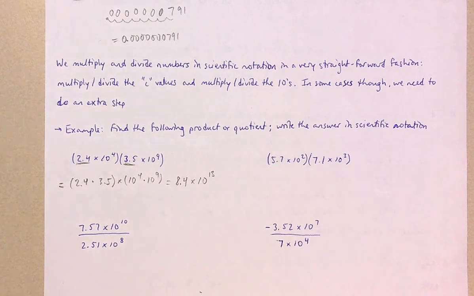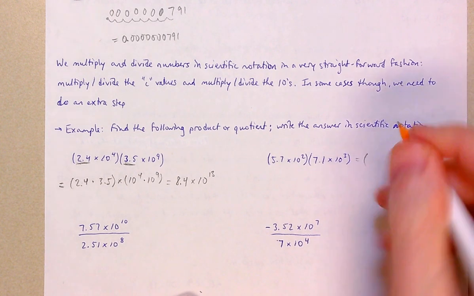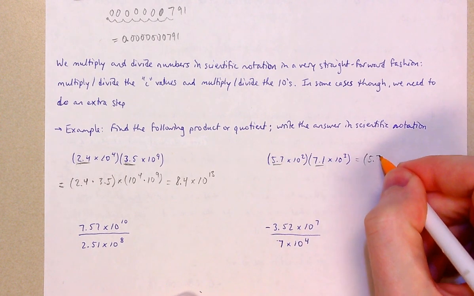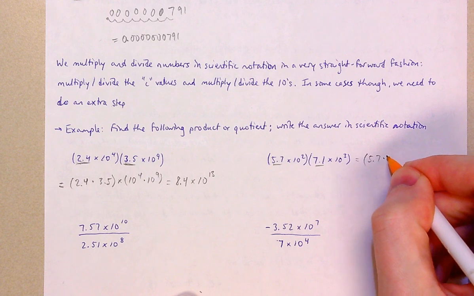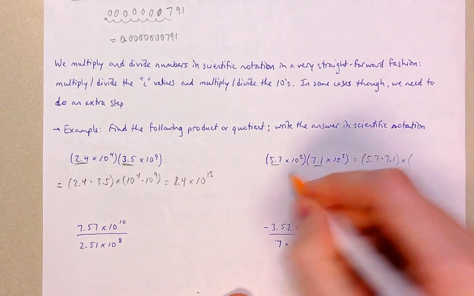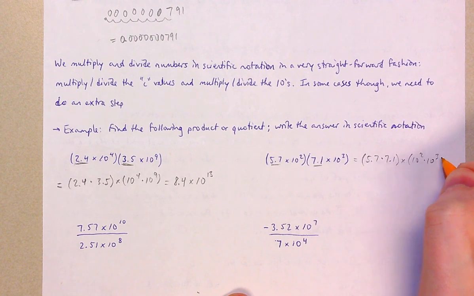Next one, 5.7 times 10 to the 2nd times 7.1 times 10 to the 3rd. So once again, multiplying those C values, 5.7 times 7.1 times, and then 10 to the 2nd times 10 to the 3rd.